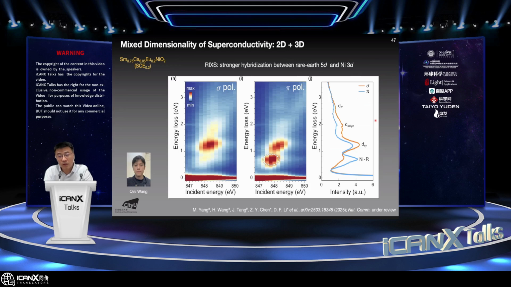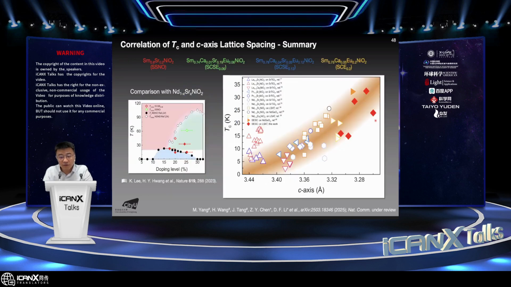Okay, so to summarize what we found in these different materials and samples, we plot the transition temperature as a function of the c lattice constant in our thin films and put them together with all the data reported in the literature. We found an interesting and very clear trend.